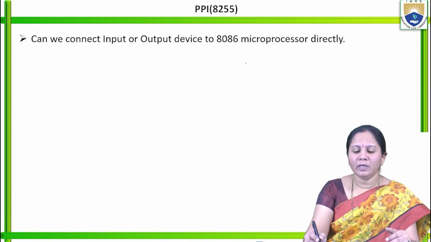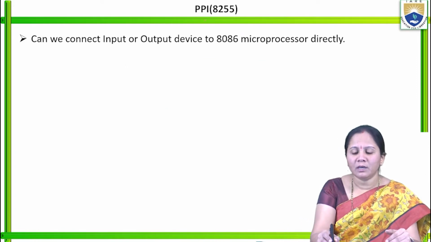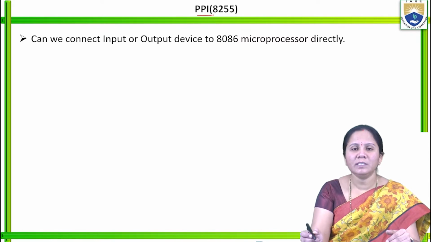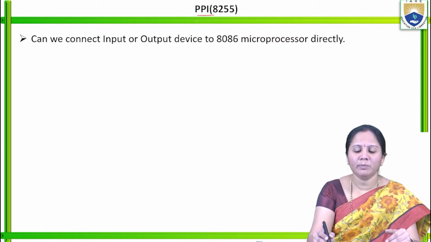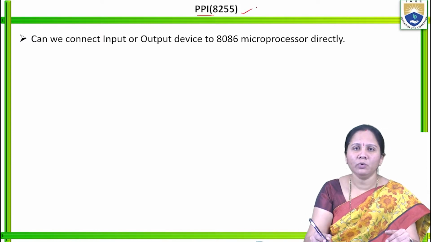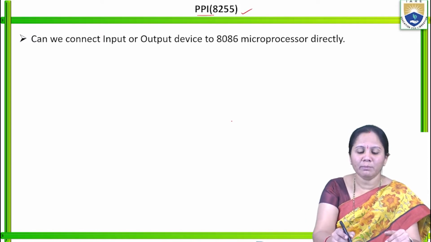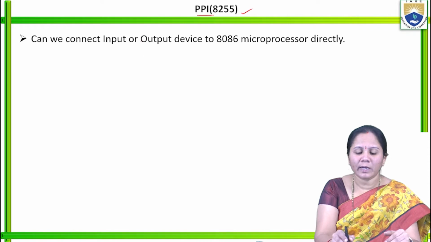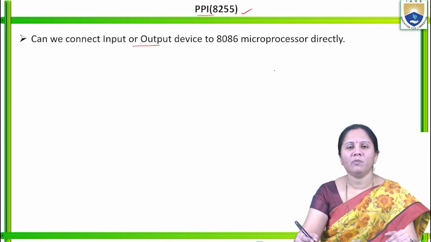Now, what is the main purpose of using this PPI, Programmable Peripheral Interface, whose IC number is 8255? The main question is, can we connect input or output devices to the 8086 microprocessor directly?